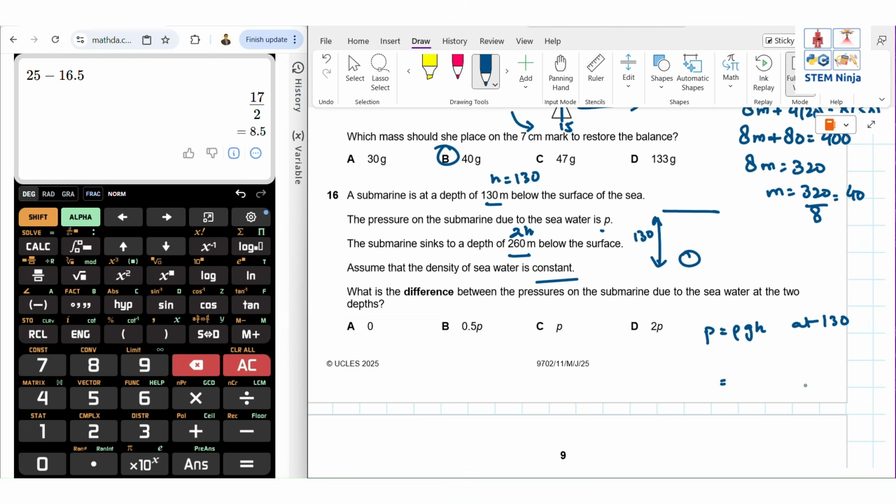But at 260, you would have the same rho g, but 2h. So this would mean that this is 2P. So at 260, this would be 2P. So the difference in pressure would be just 2P minus P, that is just P. C.